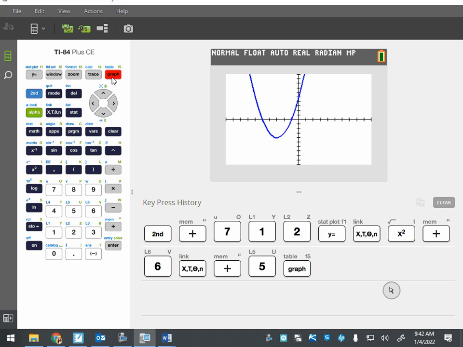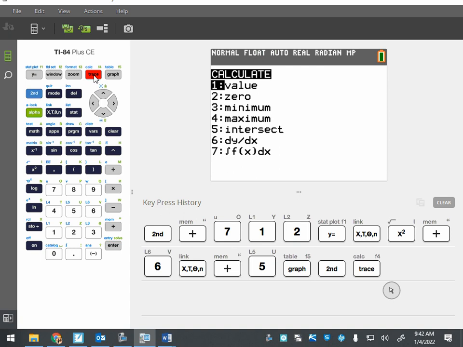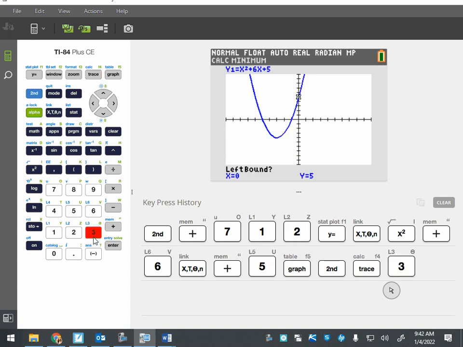To find the minimum, go to second, trace, which brings you up to the calculate screen. You have to make sure you press second first. Then we go to number 3, the minimum. Where it says left bound at the bottom of your screen, you're going to choose the x value to the left of that minimum.